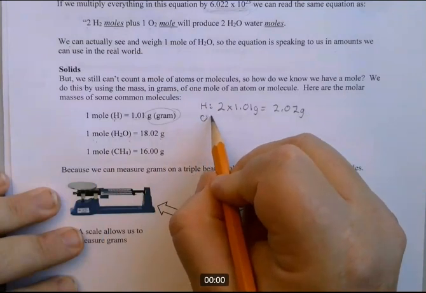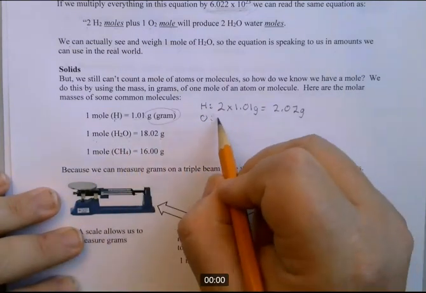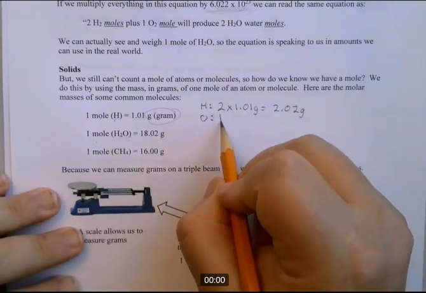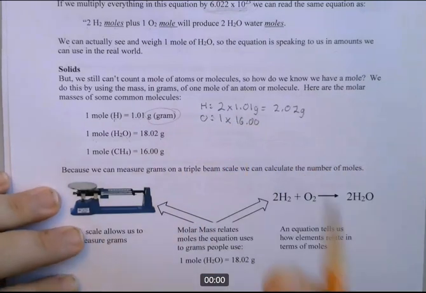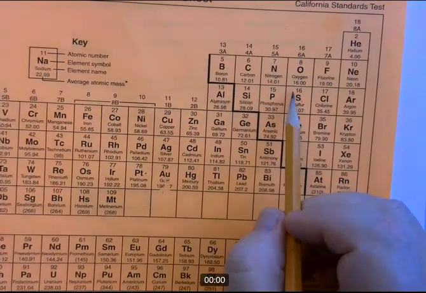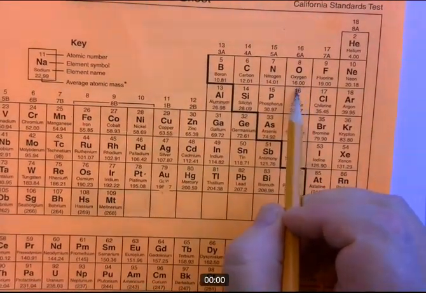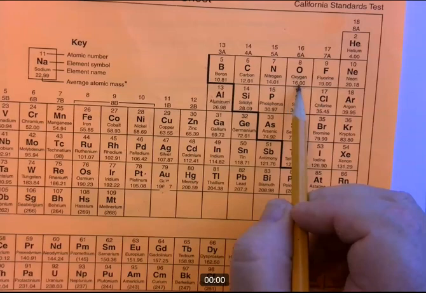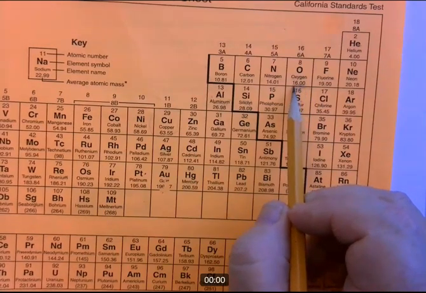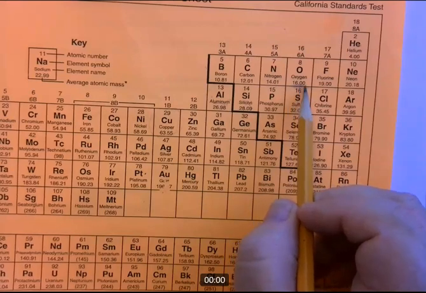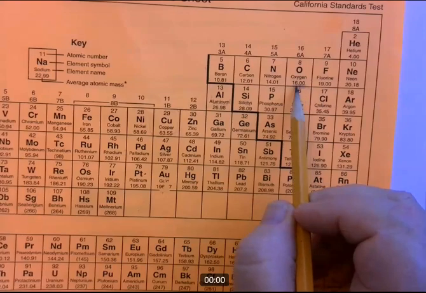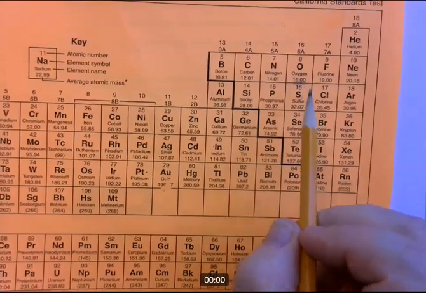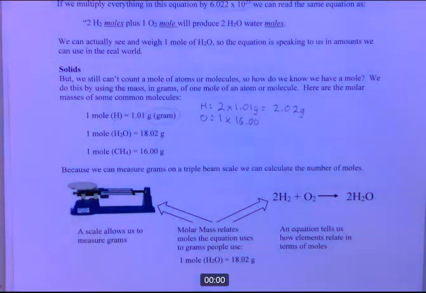For oxygen, we have 1 oxygen atom, or 1 mole of oxygen, I should say, times 16.00. Where did that come from? Same place we got the 1.01. It's at the bottom of oxygen. That's the mass of an oxygen atom in atomic mass units, but if we multiply by 6.022 times 10 to the 23rd, it's the mass of 1 mole of oxygen atoms. 16 grams.